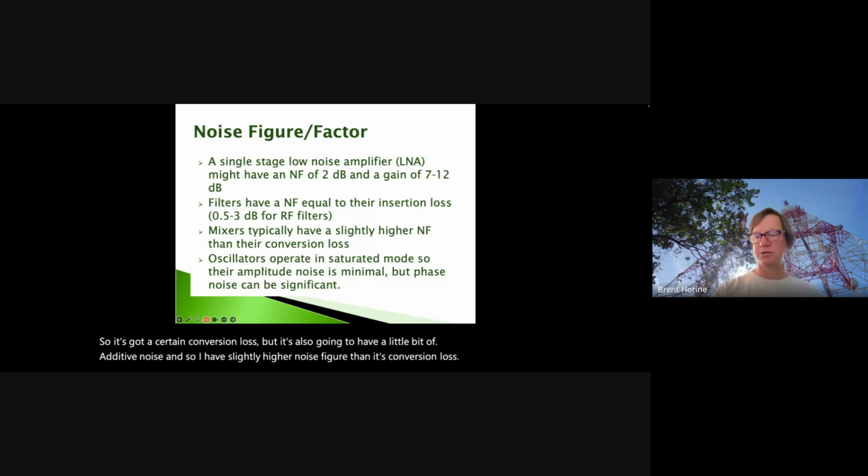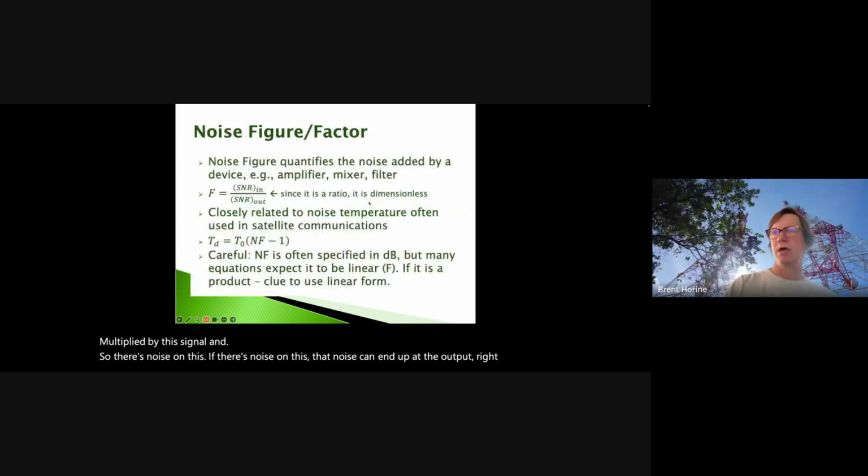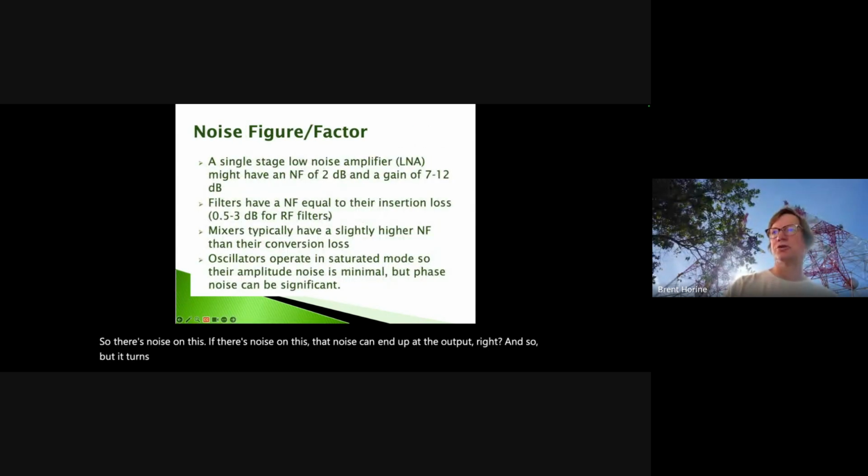Oscillators, right? So we have that oscillator down here, and this signal gets multiplied by this signal, so if there's noise on this, or if there's noise on this, that noise can end up at the output, right? But it turns out that oscillators are usually operating in a saturated mode.